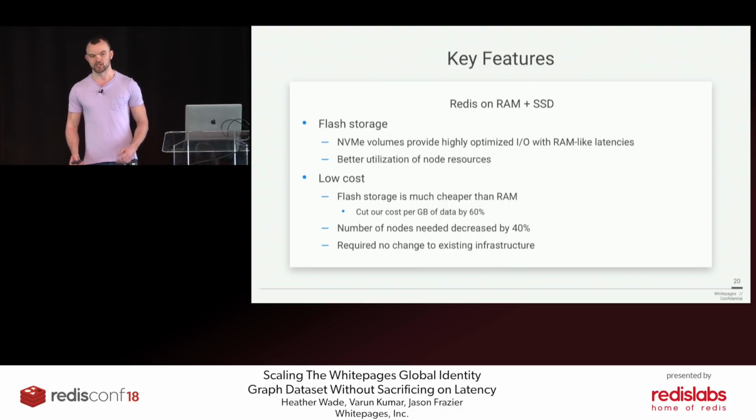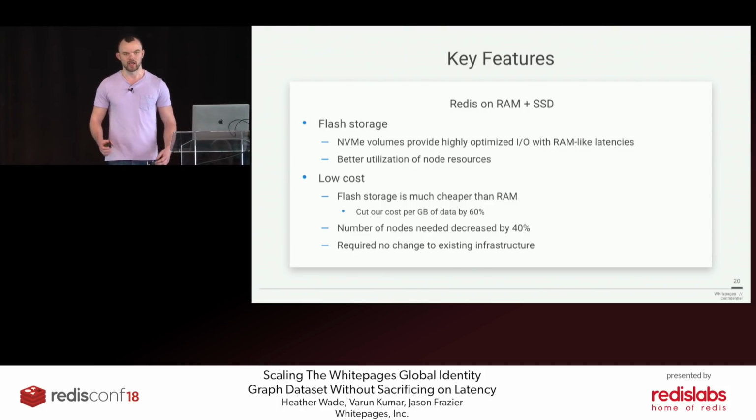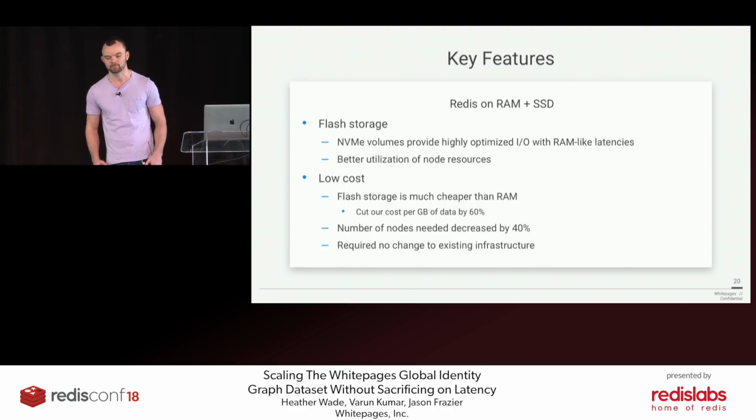We also saw significant cost savings. As flash storage is significantly cheaper than RAM, we cut our costs per gigabyte of data by close to 60%. Along the same train of thought, the number of nodes in our cluster was also decreased by about 40% to host the same amount of data.